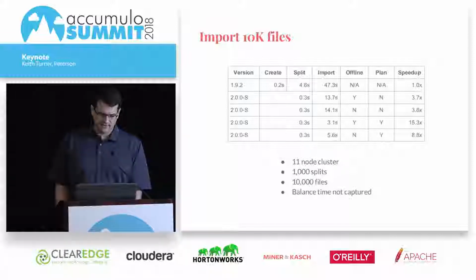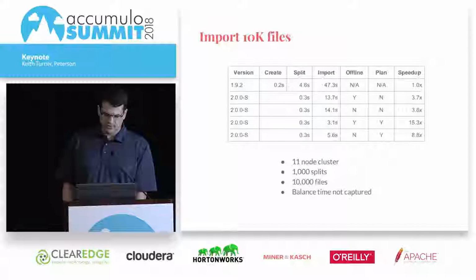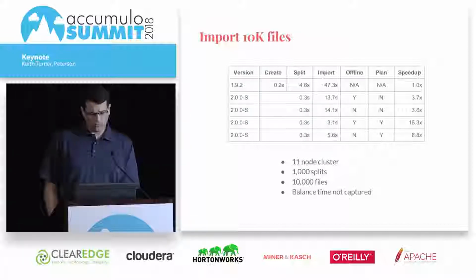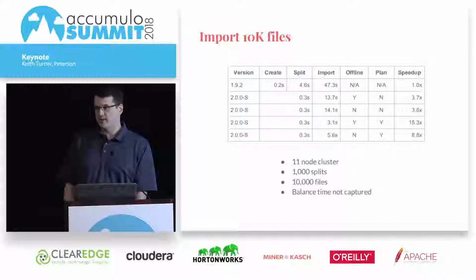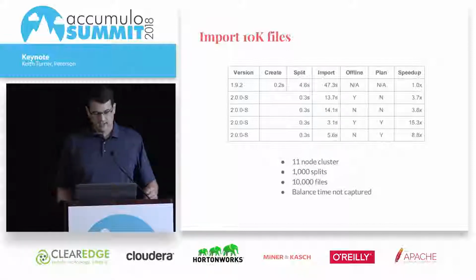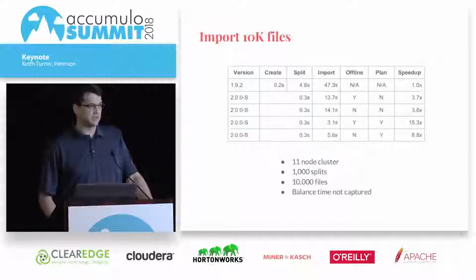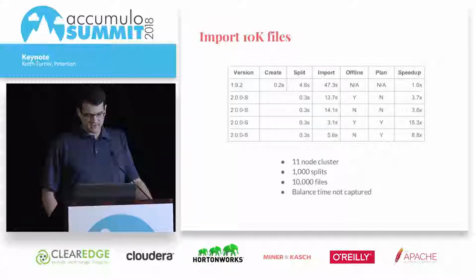One thing you'll see is that in 1.9.2, it took 4.8 seconds to create the table and then add the 1,000 splits. In 2.0, since you can add the splits at table creation time, that was much faster. It took 0.3 seconds.